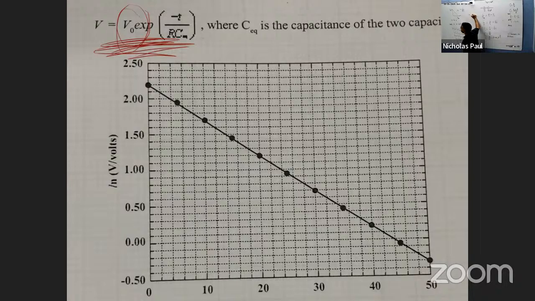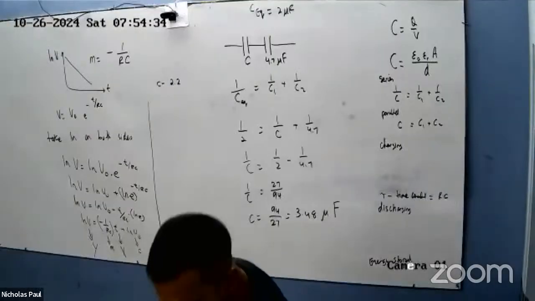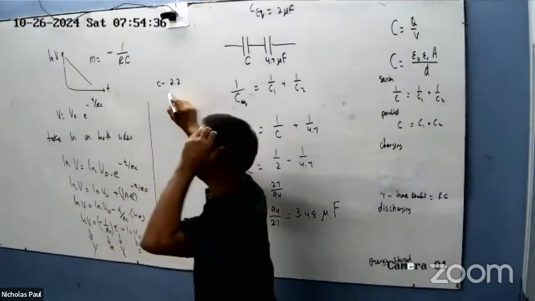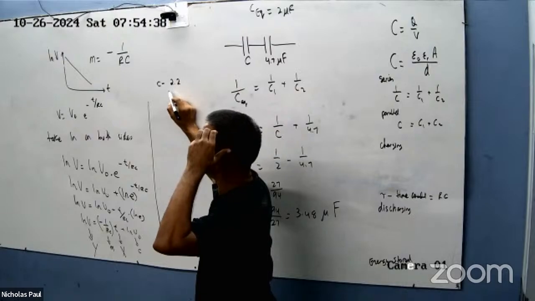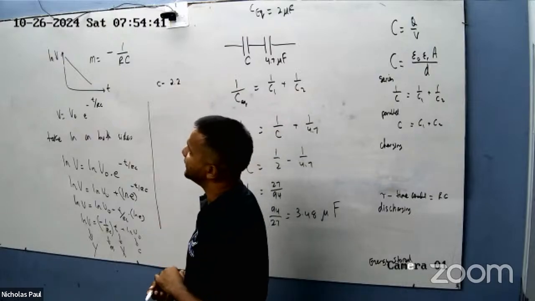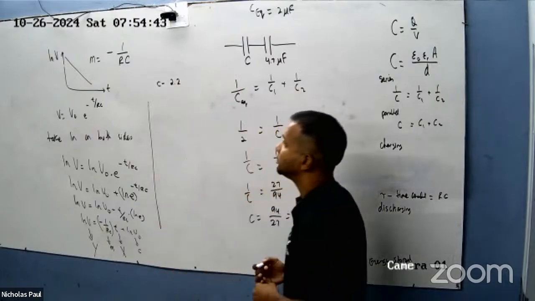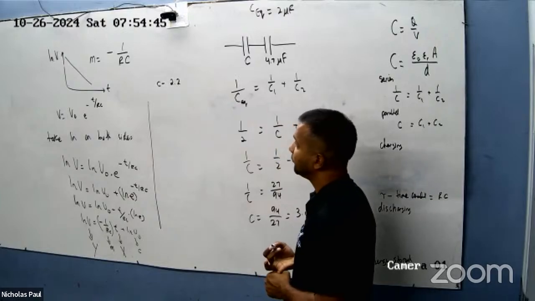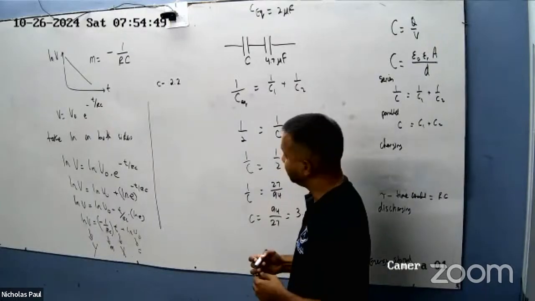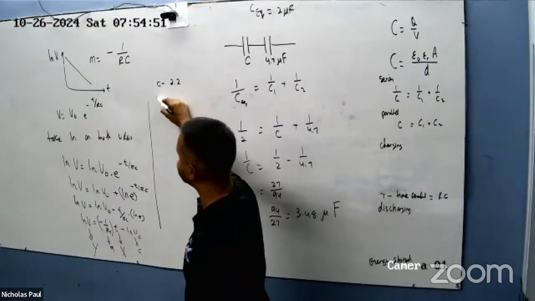Right, the y-intercept, I am using it as 2.2. So this here is the y-intercept. Find V naught.